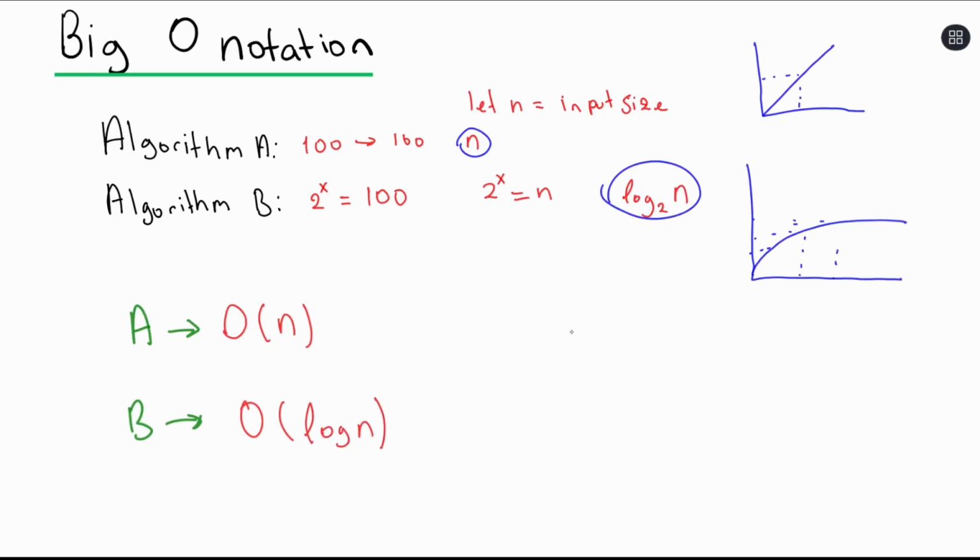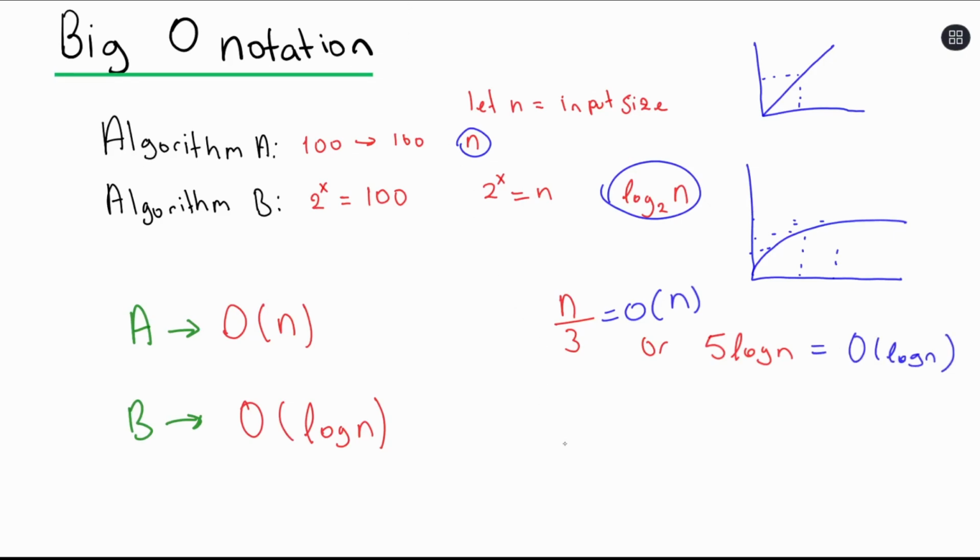We can have algorithms with functions like n over 3 or 5 log n, and it doesn't matter what the constants are. You're just gonna write big O notation as O of n, and this equals O of log n.